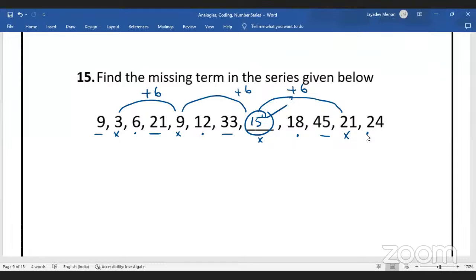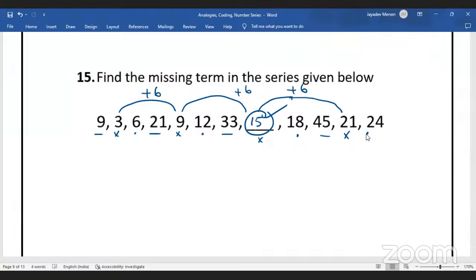Also, you can take it as the middle term will be the difference of its left and right terms. So if you are looking at 3, it is the difference between 9 and 6. Now, if you are looking at 9, this is the difference between 21 and 12. So the next term will be the difference between 33 and 18. 33 minus 18 is 15. 45 minus 24 gives 21.